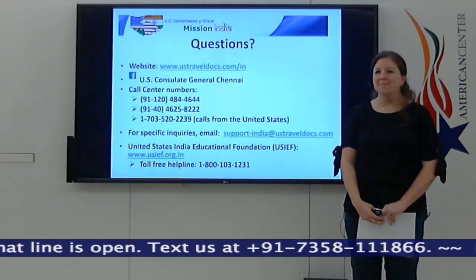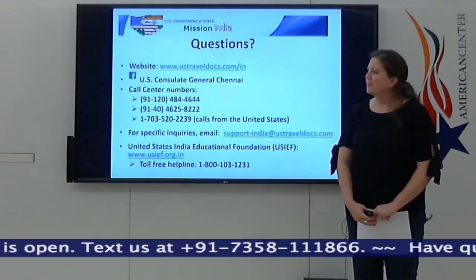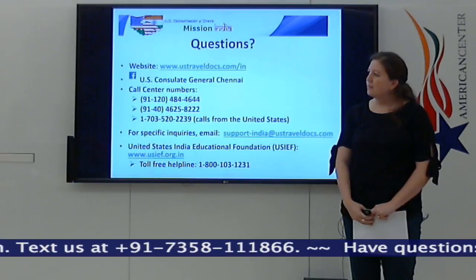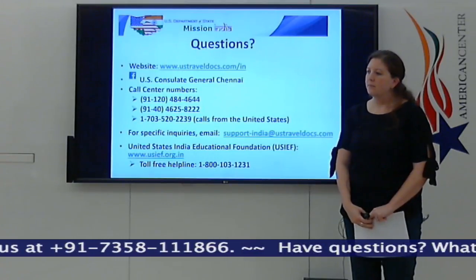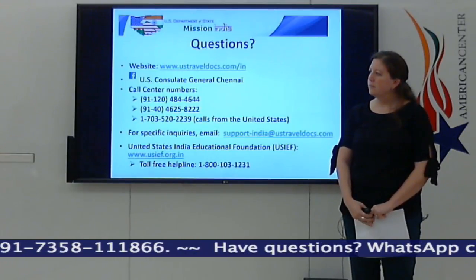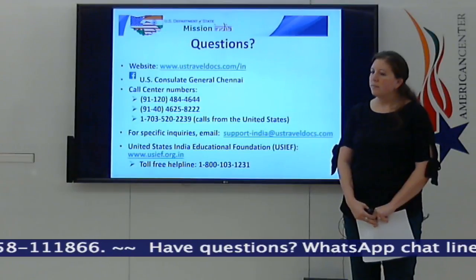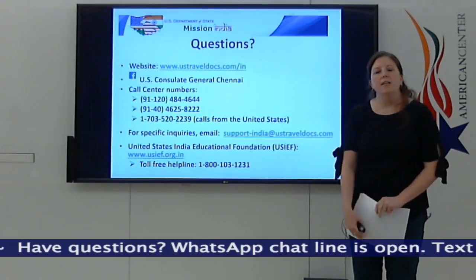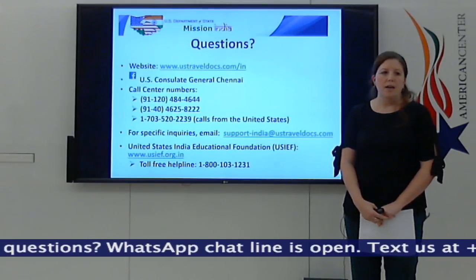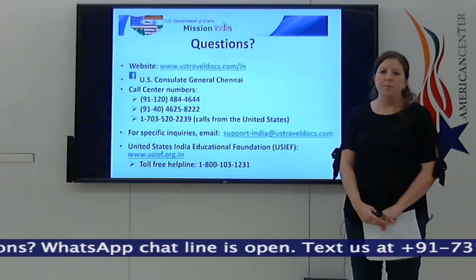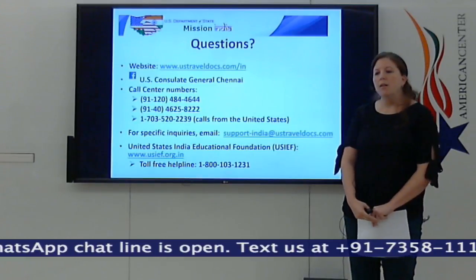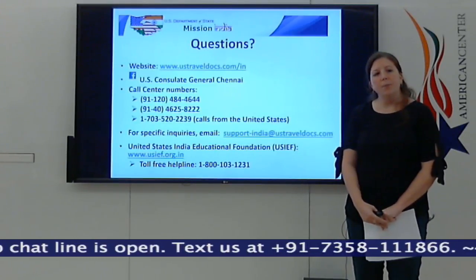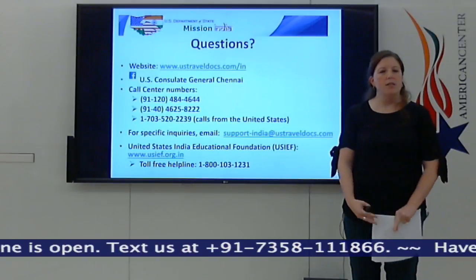I have another question. A student says, I was denied a student visa under the 214(b) category. What do I need to change to be able to get a visa the next time around? Sure. The question was, I applied for my visa and was denied under section 214(b), as we call it. When I reapply, what do I need to show that's new and different?